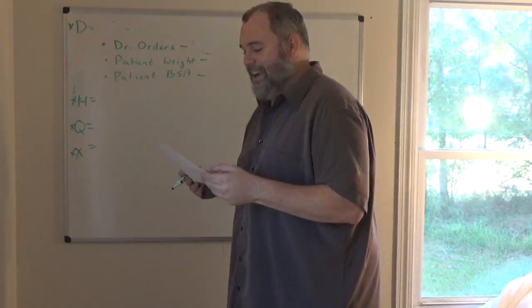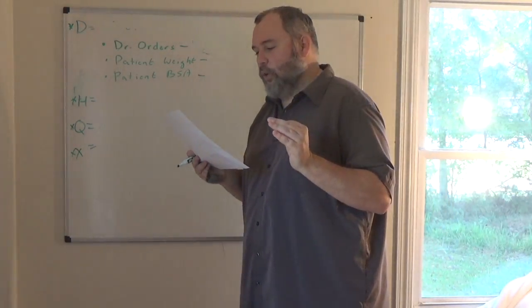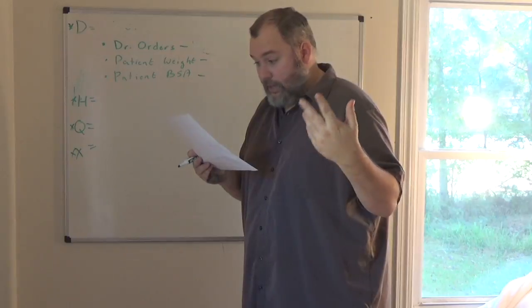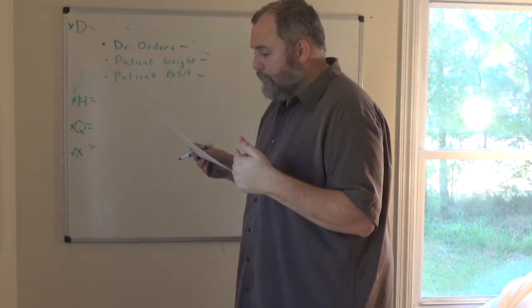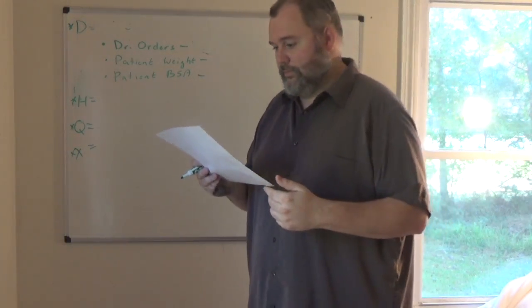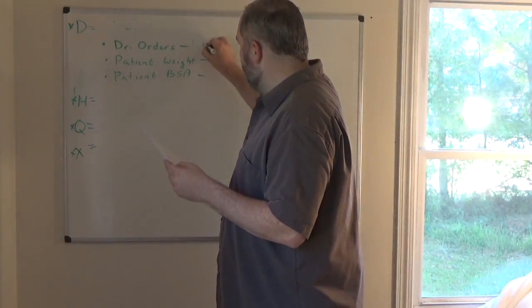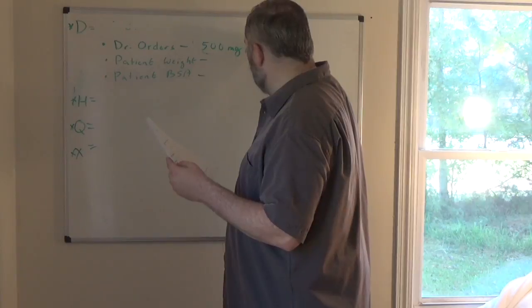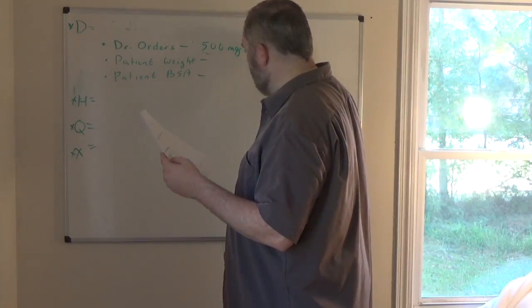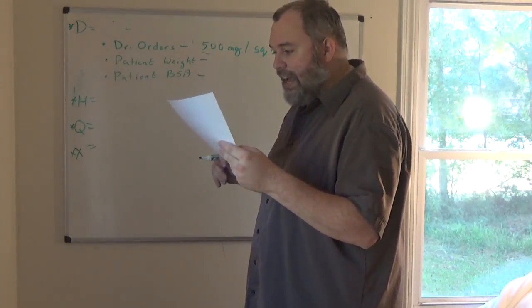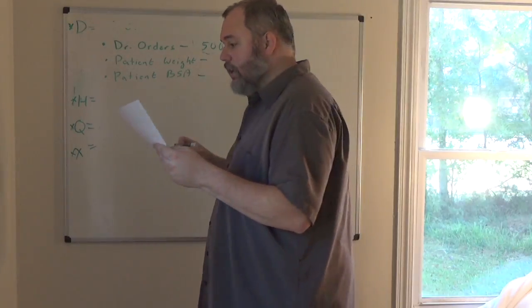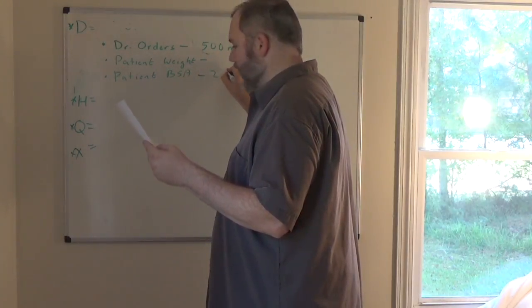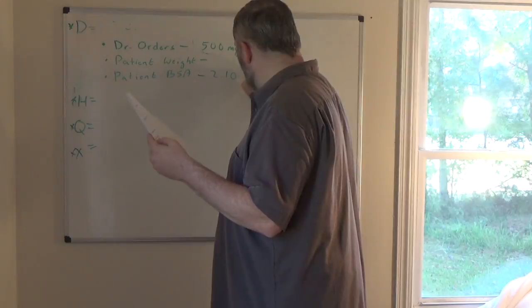All right, so number 9, it says a physician has ordered Almeta, 500 milligrams per square meter. All right, so that's my order. For patients whose body surface area is 2.10 square meters.